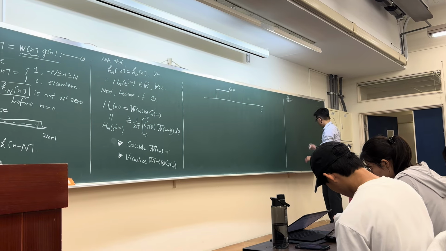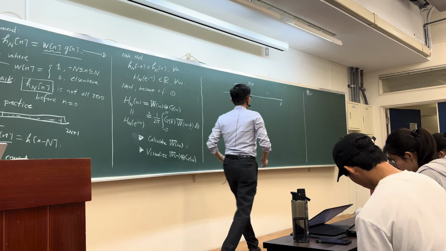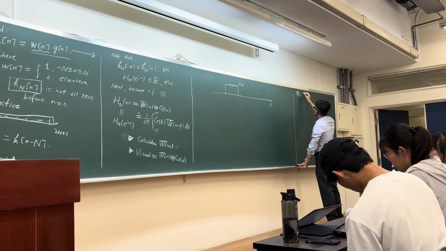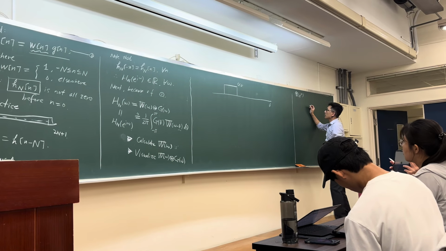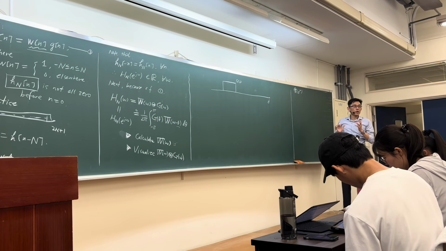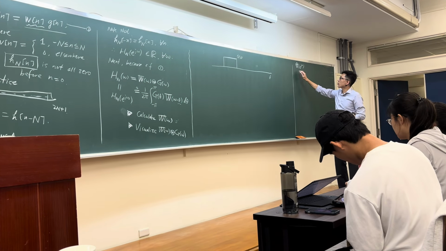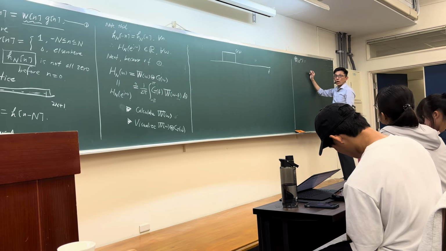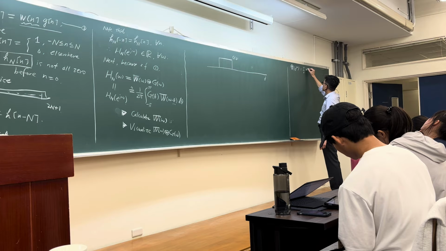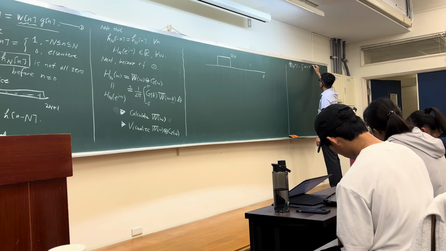Big W of ω. Let me be more careful and use the more accurate notation, not the sloppy one. The Fourier transform of the window, by definition, we have seen this a lot, should be the summation over n of w[n] e^{-jωn}.